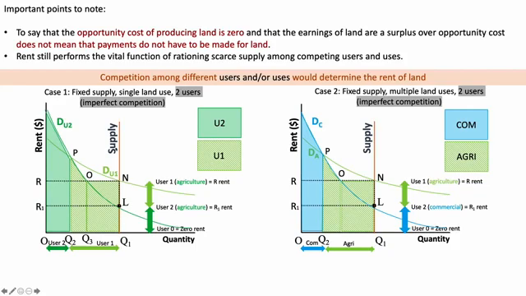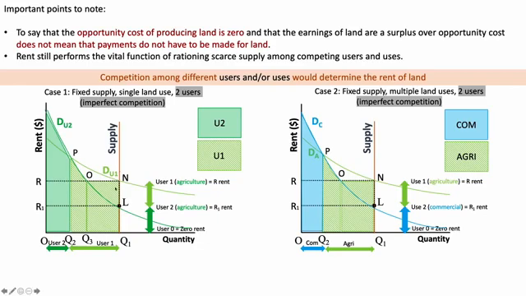So the total quantity is still Q1, but the first user generates greater rent between quantity Q2 and Q1. So the first user would want to pay higher rent than the second user between the quantity of Q2 and Q1. So the rent for land between quantity Q2 and Q1 would be determined by the demand generated by user 1.